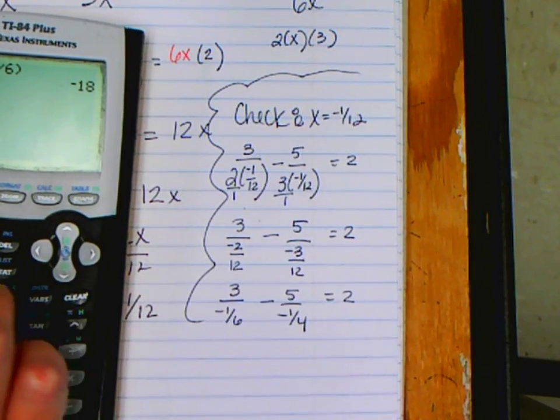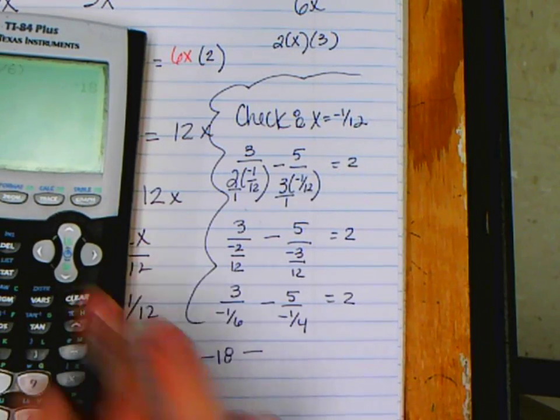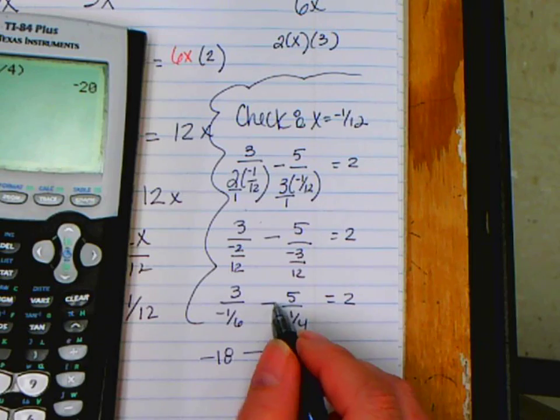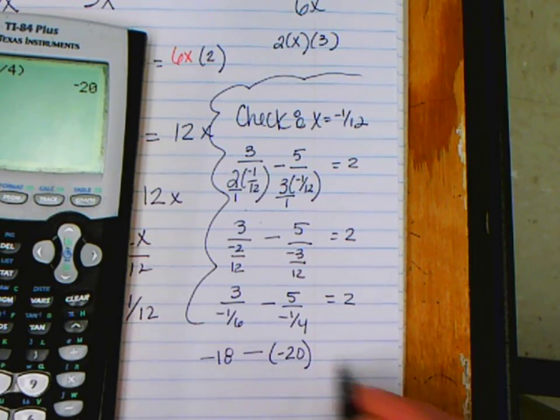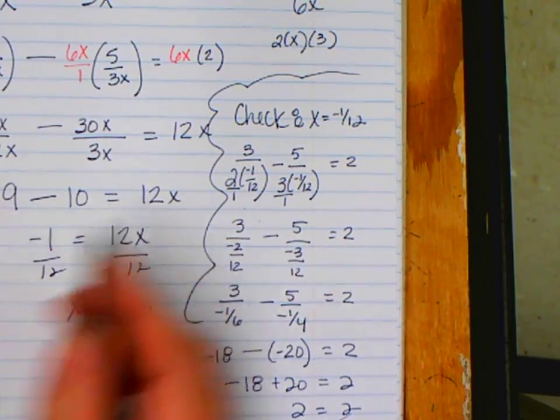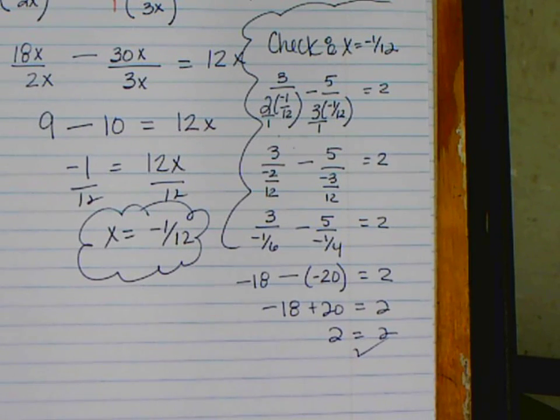So let me just make sure I did it right. 3 divided by -1/6 is -18 minus 5 divided by, open parentheses, -1/4. And that's, I'm subtracting a -20, right? Equals 2. So that's -18 plus 20 equals 2. 2 equals 2. True story. So that's my solution. Checking is sometimes more difficult than the problem.